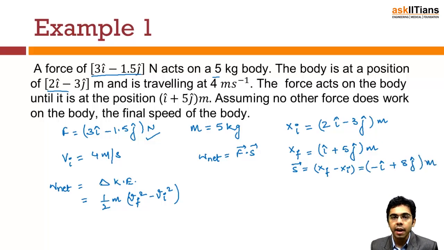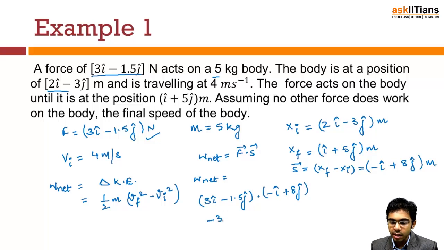This will be the final displacement. So the net work done will come out to be force, 3 i cap minus 1.5 j cap, dot minus i cap plus 8 j cap. After taking the dot product, we get minus 3 minus 12, and this will come out to be minus 15 joules.